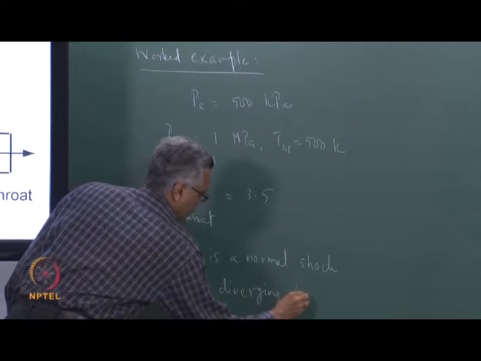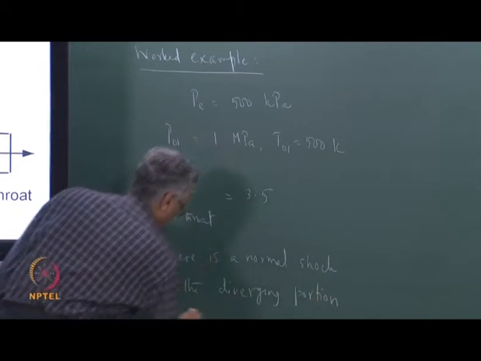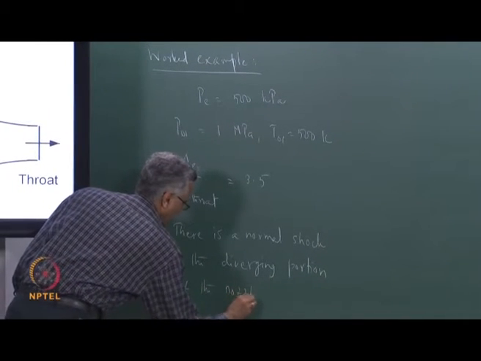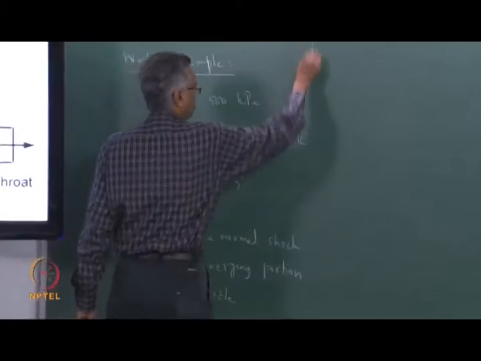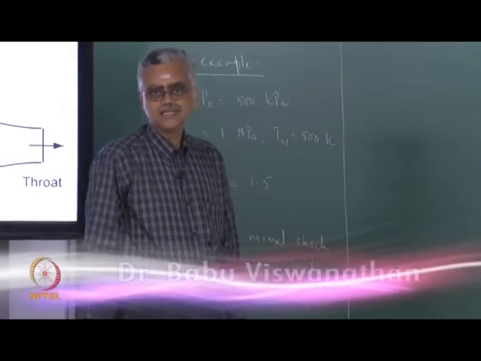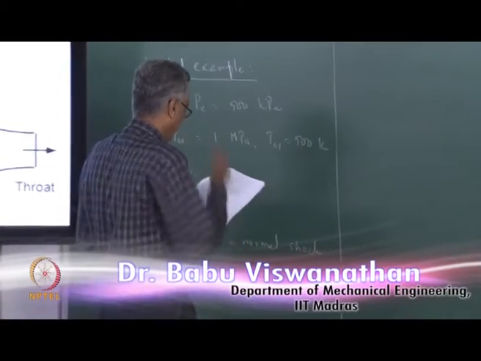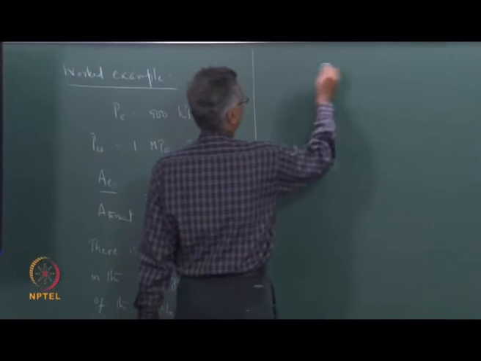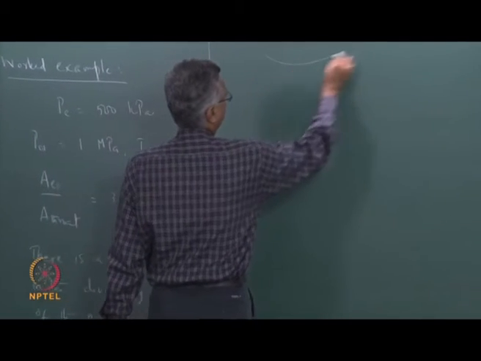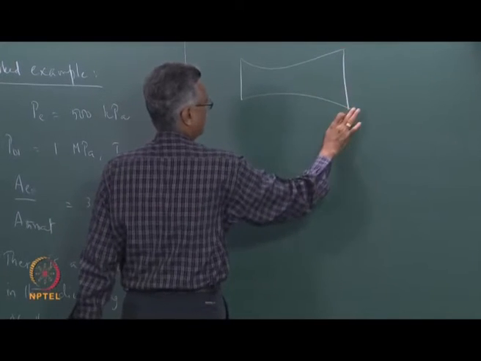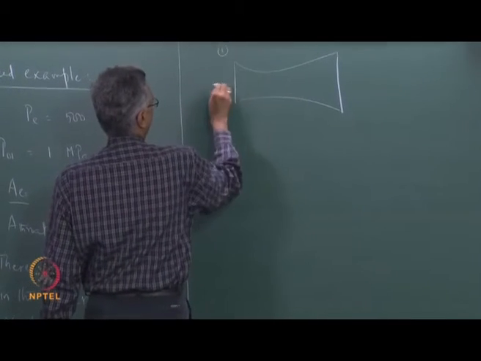In the diverging portion of the nozzle. So what we need to do is determine the flow properties at the exit of the nozzle. That was what we were about to do. Now if I look at the flow situation, this is station 1.